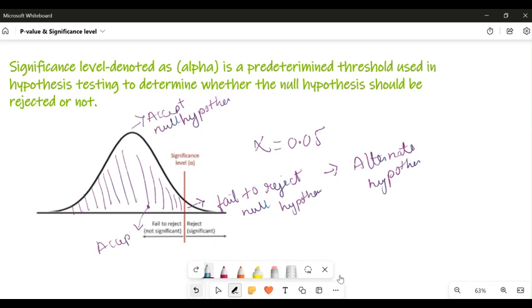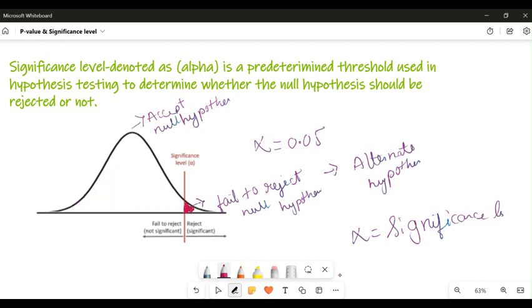So there are two different types of conditions that you will get again and again. Alpha is nothing but the significance level, that is this part. So alpha is equal to significance level.